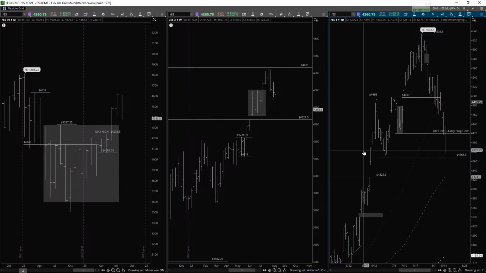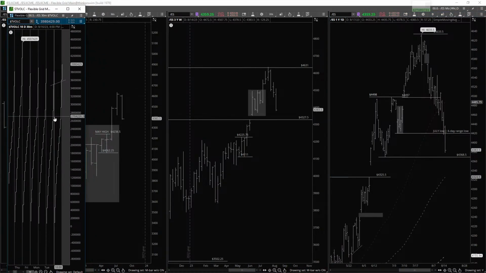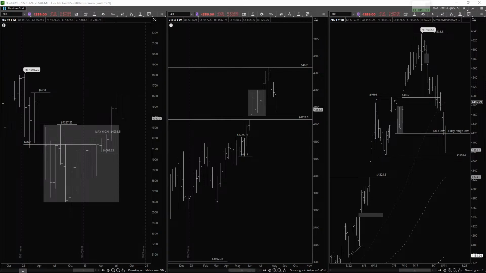And you can see that all of the longs here, all the long inventory, has been pretty much removed. This looks like long liquidation to me, because this is not really volume here. The volume is really low in the market. This is more just long liquidation.